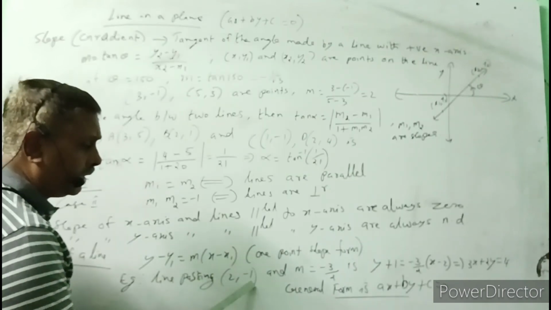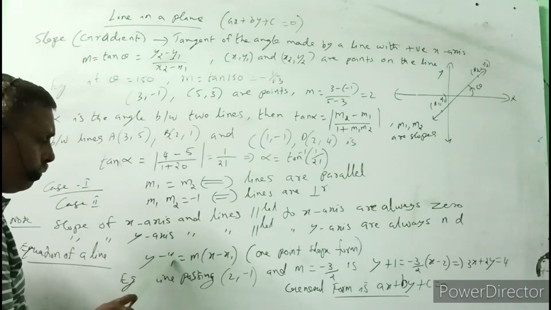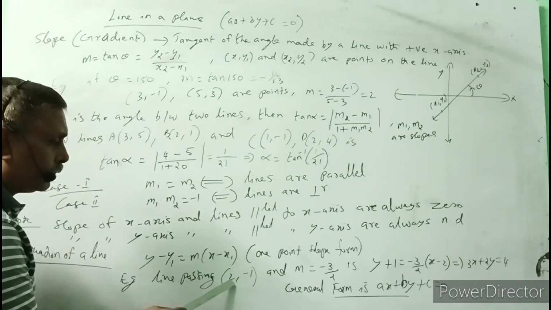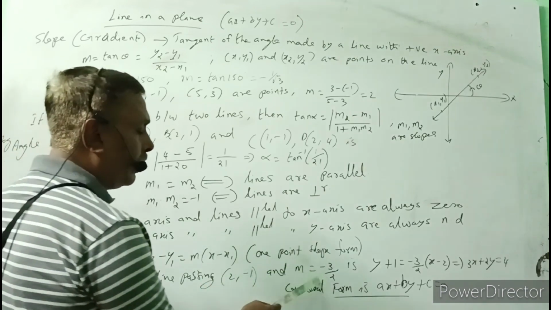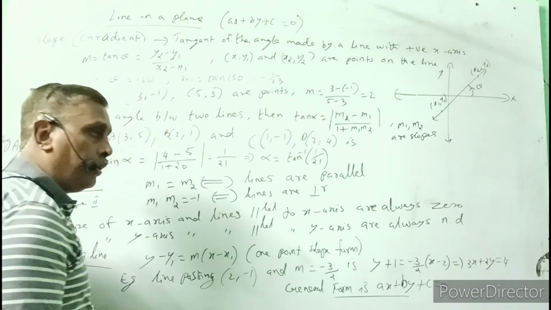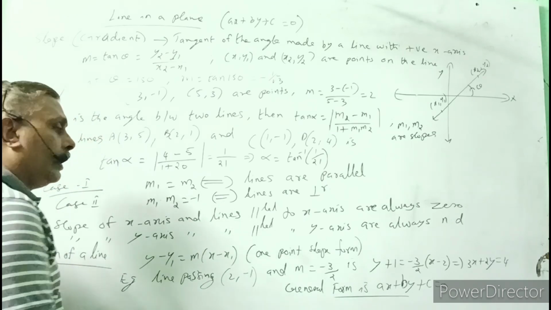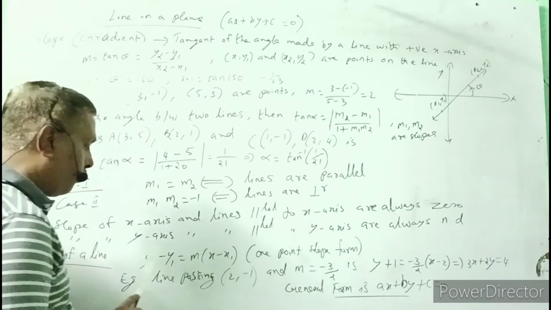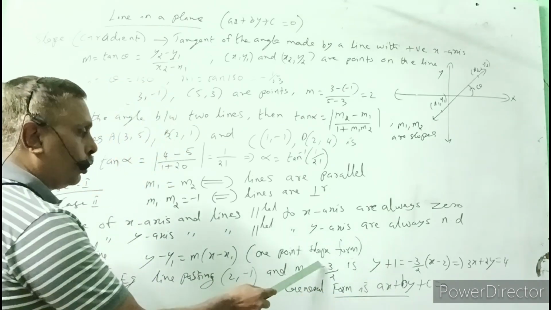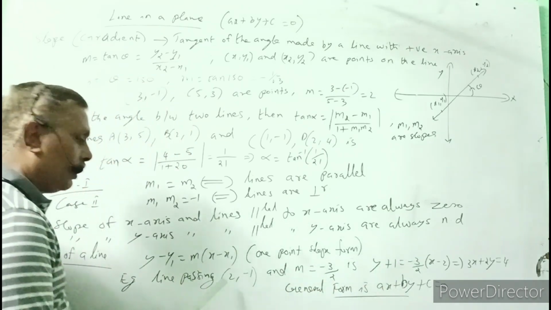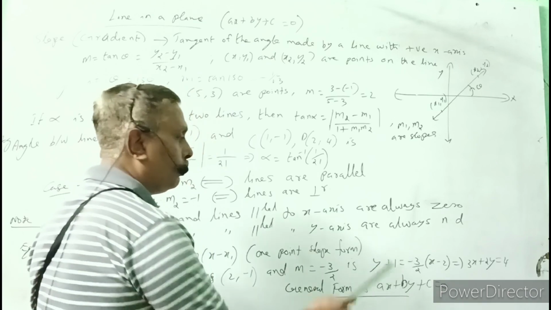Now here you see one example: a line passing through a point, where this is x1 and this is y1. You put y1 as minus 1, x1 as 2, and the slope is given as minus 3 by 2. Either it will be given or it can be found out. Then its equation is y minus minus 1, that is y plus 1, equal to the slope, minus 3 by 2, into x minus 2.